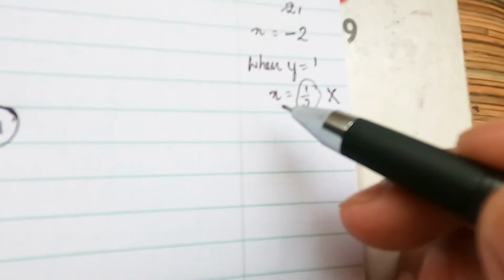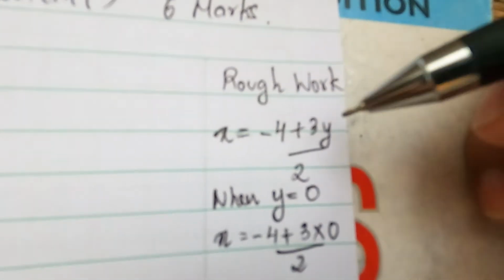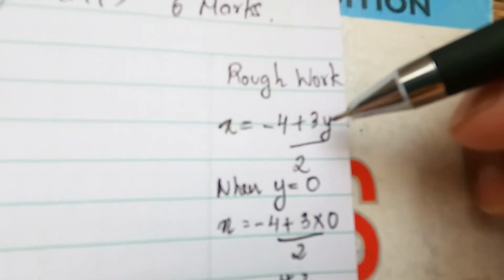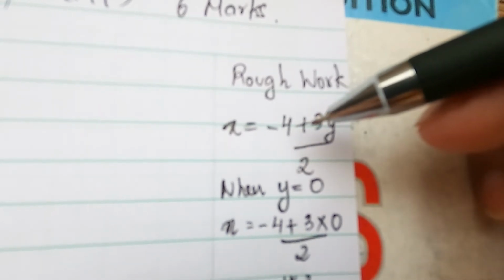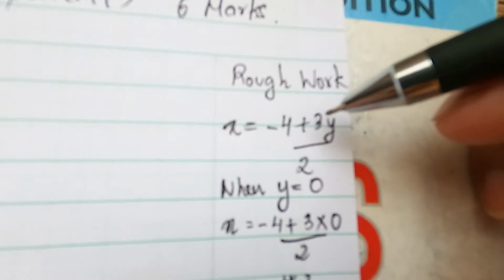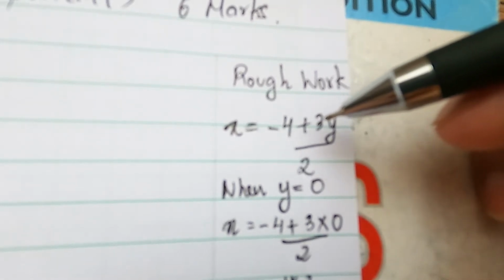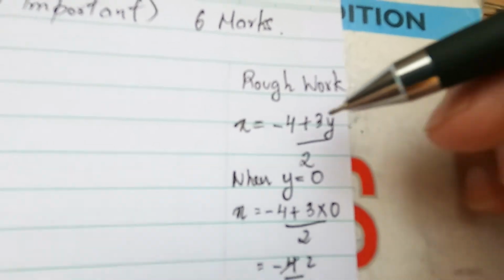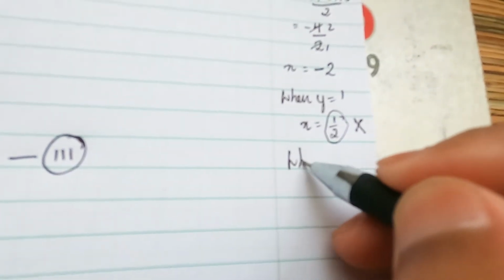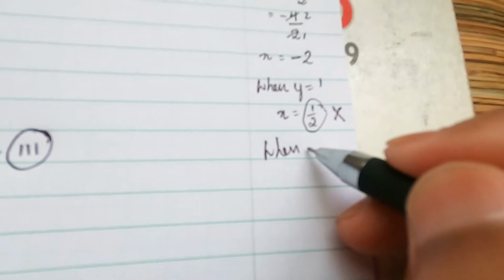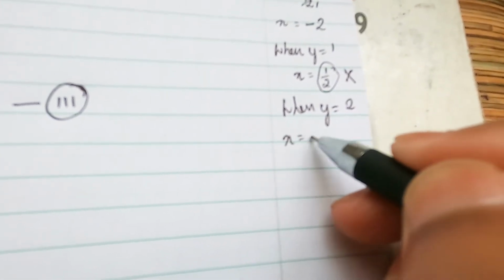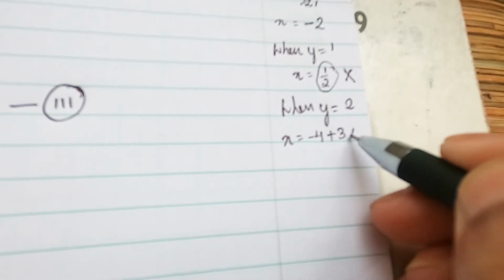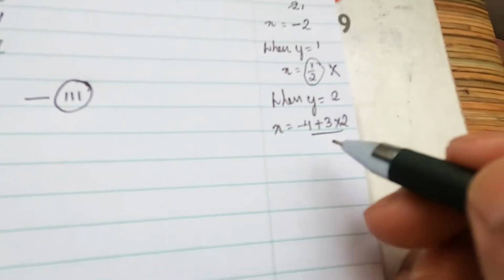So let us try by 2. When y is equal to 2, 3 into 2 will be 6. So minus 4 plus 6 will be plus 2. So 2 by 2 cancel, we will get 1. So when y is equal to 2, x is equal to minus 4 plus 3 into 2 by 2.